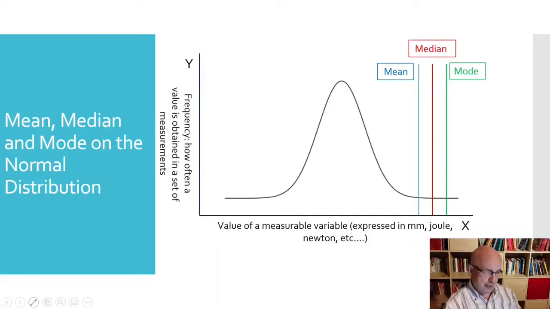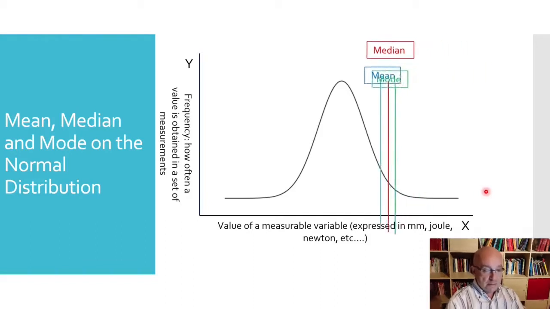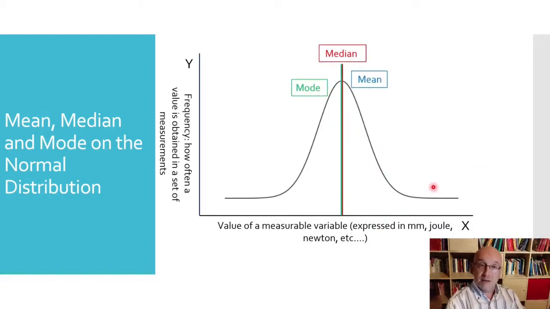So don't confuse an ideal normal distribution, which is the one you are seeing now, versus a real normal distribution. In the context of an ideal normal distribution, mean, median, and mode match perfectly. They are the same number, and they are exactly the center value of an ideal normal distribution.